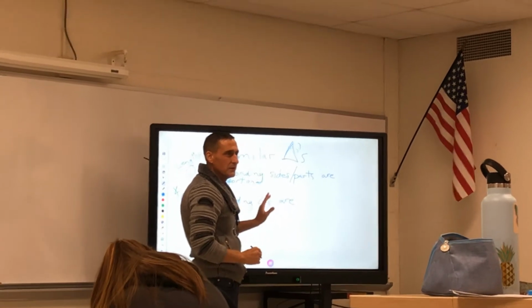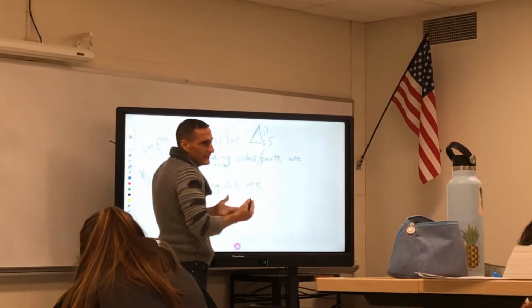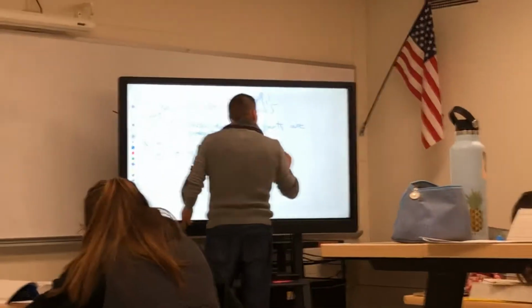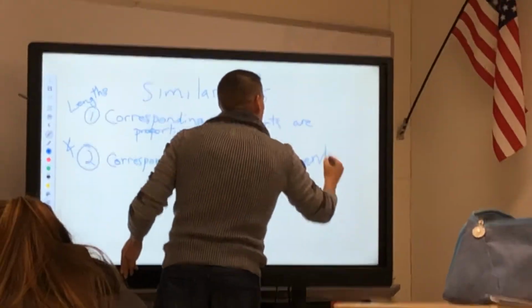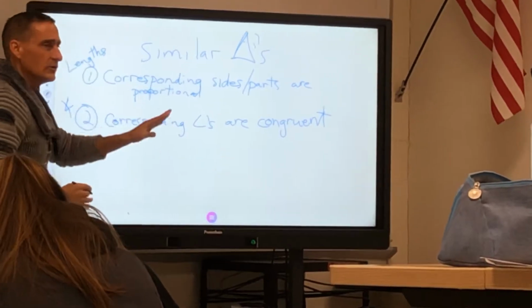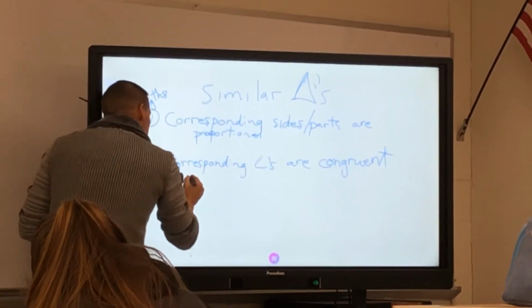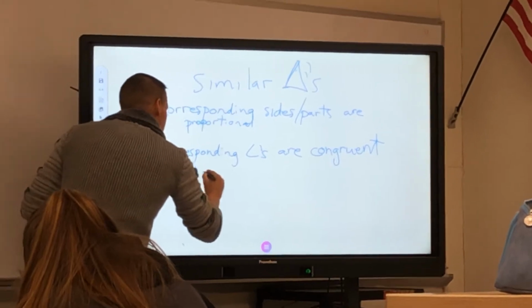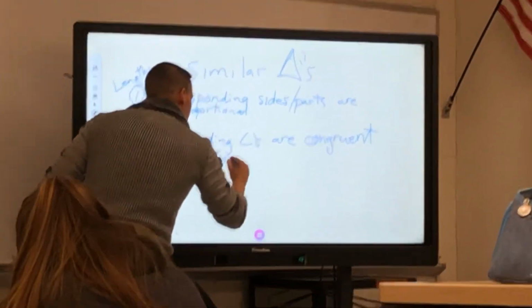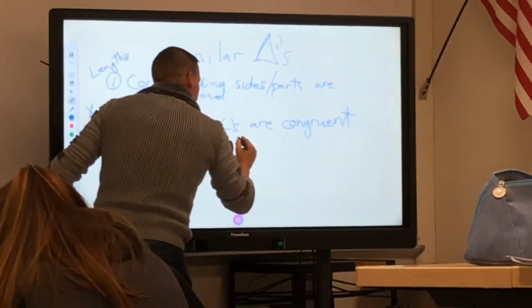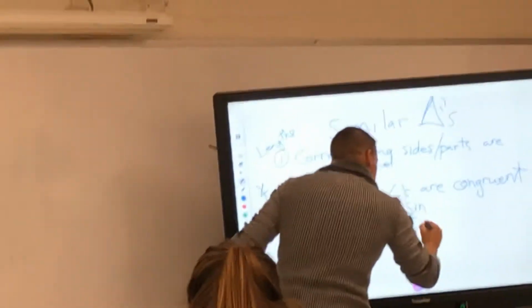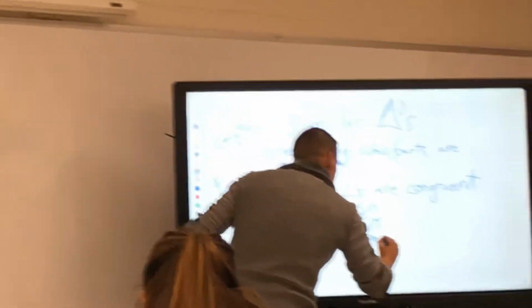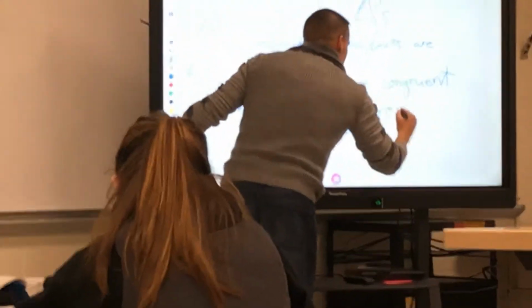They want me to say congruent. I will say congruent, I'm just going to be lazy. Corresponding angles are congruent, and the corollary, and therefore all corresponding angle sines, cosines, and tangents are equal.